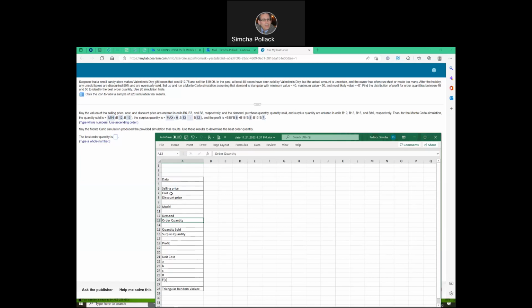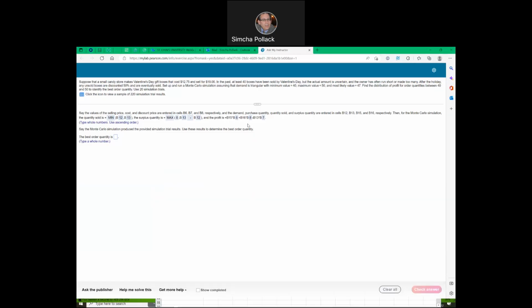That's the discount price, half of the selling price. Minus your cost. Well, how many did you make? B13 is how many you made. B7 is the cost for each item. You multiply those two and subtract that cost from the money coming in to calculate your profit. So all this is the explanation for why this is the right answer for this particular part of it.